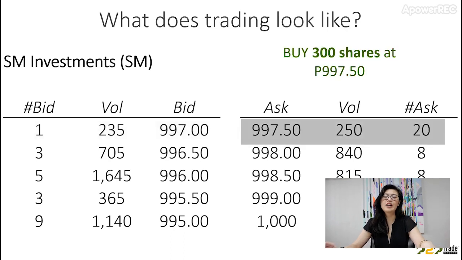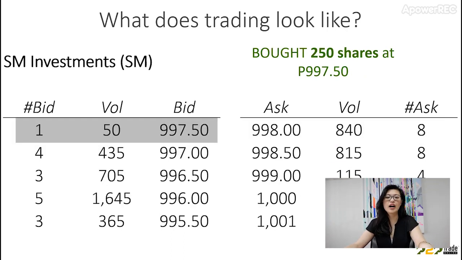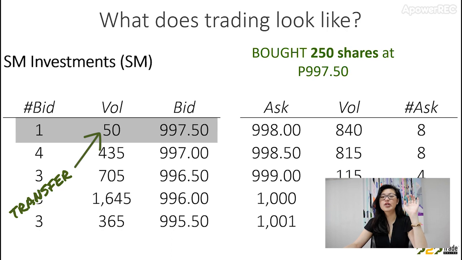Here's another sample order. If you input buying SM 300 shares at 997.5, what happens? Kasi remember, 250 lang ang shares available at that level. So what happens is, you would have bought the 250 shares, so nasa sayo na yun, pero yung 50 shares na natira, may iwan siya sa board.